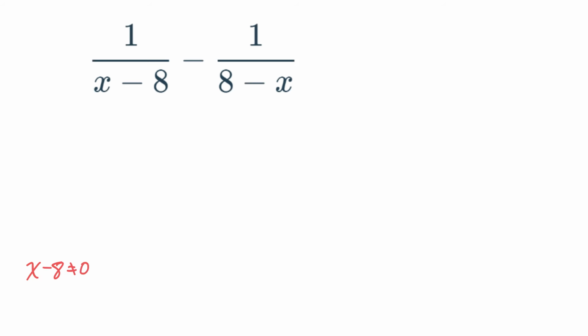There's one excluded value. X cannot be equal 8. What about when I set up the other one? Watch this. That's the same thing, isn't it? Which means they are actually the same fraction. The same factors. So we just got to see how we make them factor.